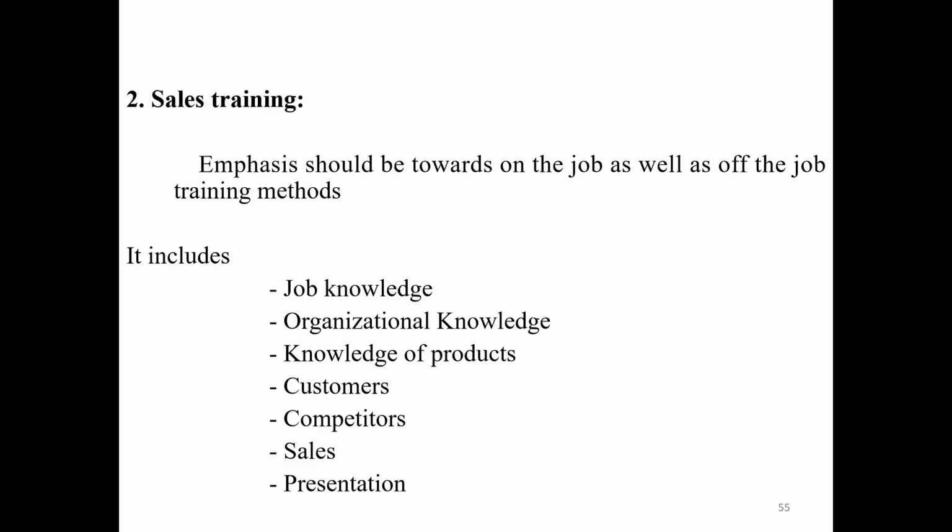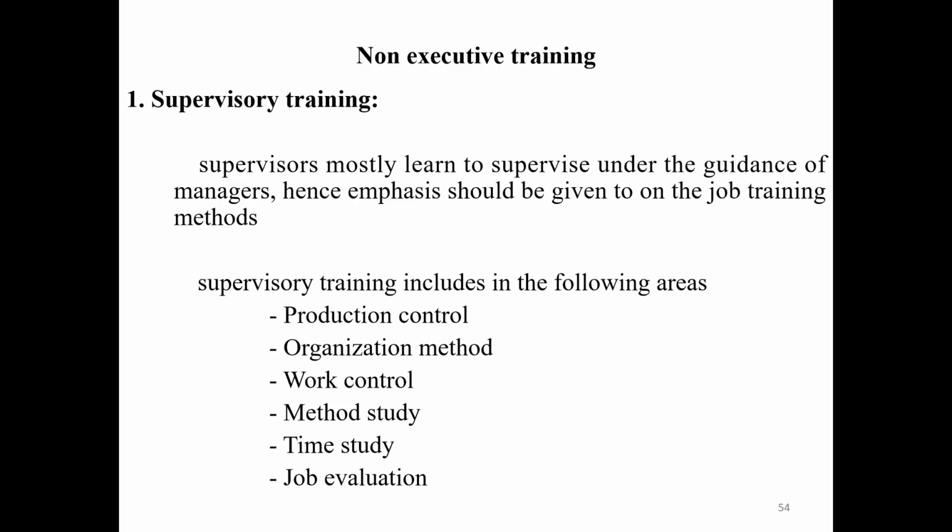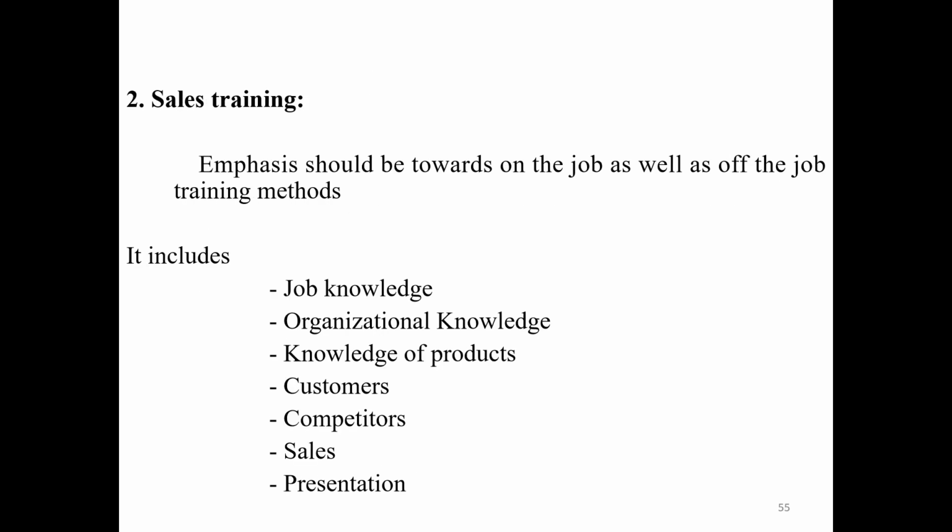The next one is sales training, right? See, supervisor training basically relates to the management. First point. The second is sales training. Sales training means the organization is going to train the employees basically in sales forecasting, sales, finance.